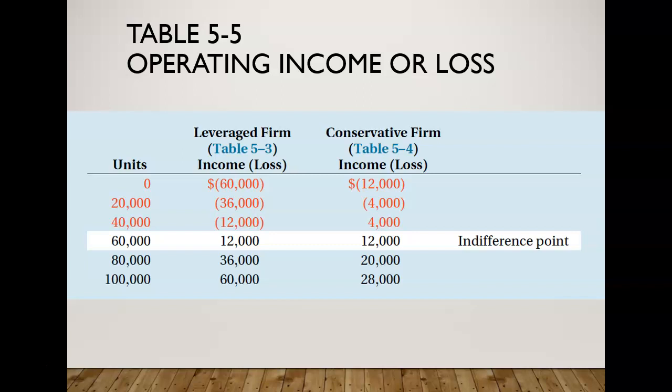At 80,000 units, the highly leveraged firm's profit is far outdoing the conservative firm. And at 100,000 units, you find even greater profit being made by the highly leveraged firm versus the more conservative firm.